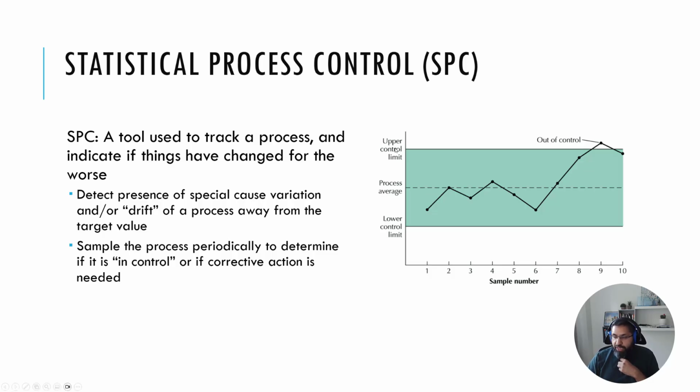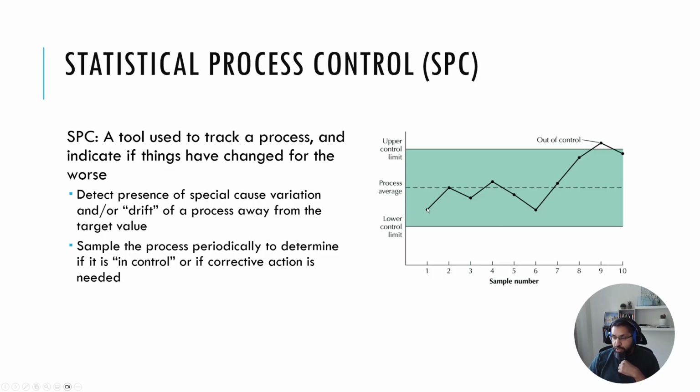So we see an example of a process control chart, because charts are often used to illustrate the output of statistical process control, where you have time on the x-axis, or sample number, because samples are taken at different times. Increasing sample number shows you increasing time. So sample 1 is like time 1, sample 2 is time 2, and so on. Then you have two control limits, an upper and a lower control limit.